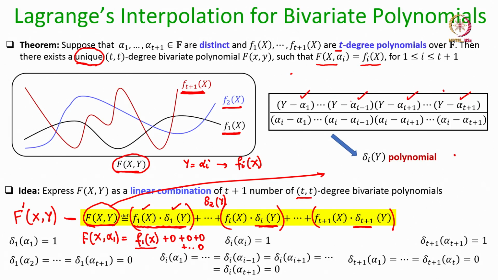That means, all the evaluation points among these t plus 1 evaluation points except the ith evaluation point should be the root. So, that is why in the numerator you will have these terms, and we also want that at alpha i this delta i polynomial should give you the value 1. So, that is why in the denominator we will have the product like this. And since all the evaluation points are distinct, that means the denominator is a non-zero element, that means its inverse exists, and that is why this is a valid polynomial.